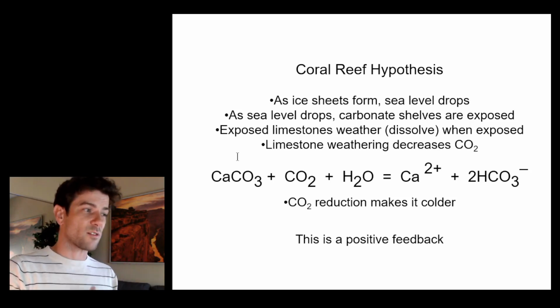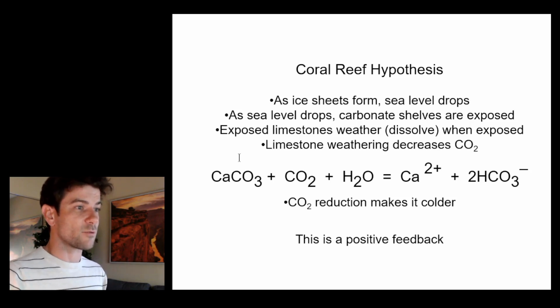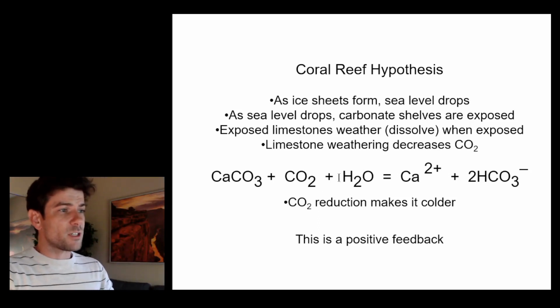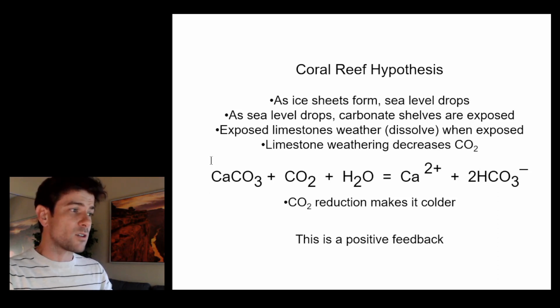You can also weather limestone directly, okay, and that's this reaction that's shown here. Calcium carbonate plus carbonic acid turns into calcium and 2 bicarbonates, right? And so through this process, you have efficiently taken CO2 and turned it into bicarbonate, right? And this process also, I would add, occurs very rapidly, okay?